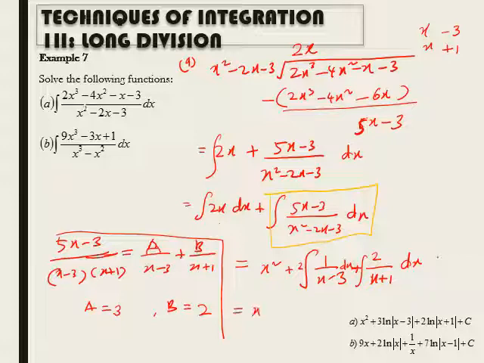So we obtain x squared plus 3 ln|x minus 3| plus 2 ln|x plus 1| plus C. Okay, that's it.